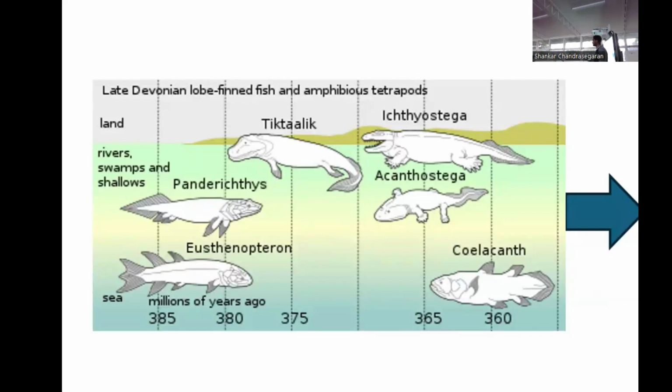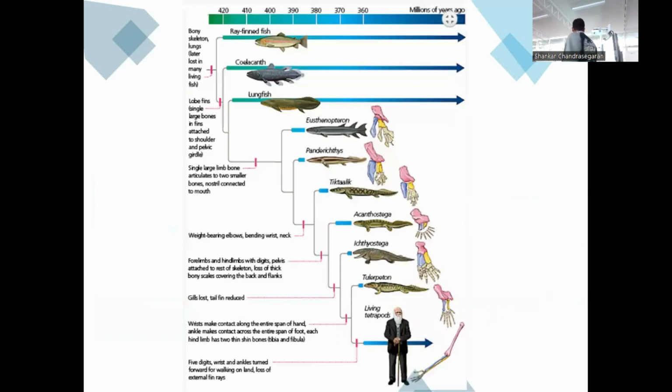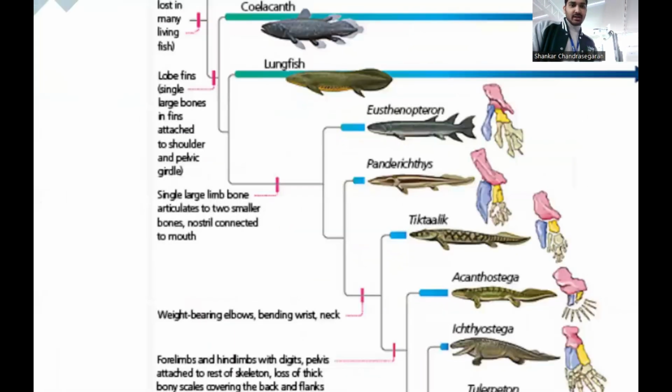Over time, tetrapods diverged into many different species, many different subspecies, and so on, all the way until where we are now. So in fact, if we try to look at it in a very clear way, you can see it here. So it happened around this point.